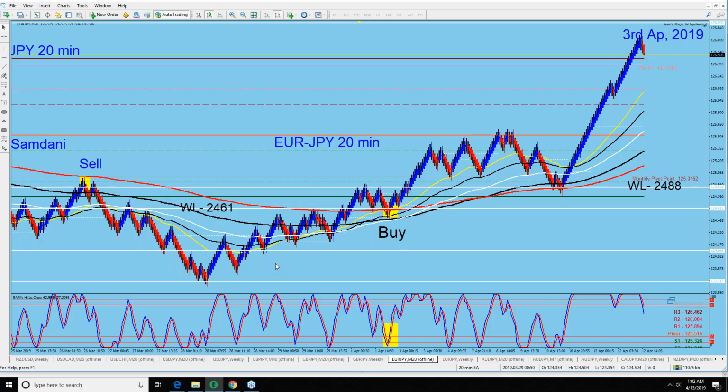The first degree, which is the powerful setup, is when the move is starting in one direction, a swing is starting, and then you find a setup where the price retraces back into the wave and goes away from the wave.